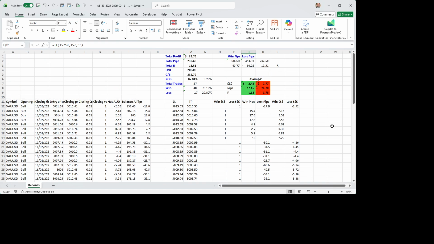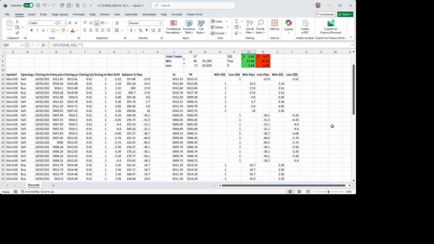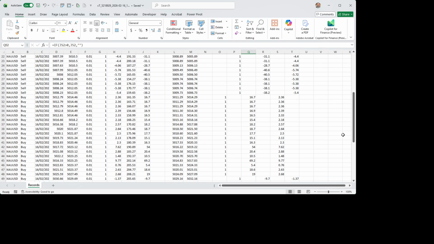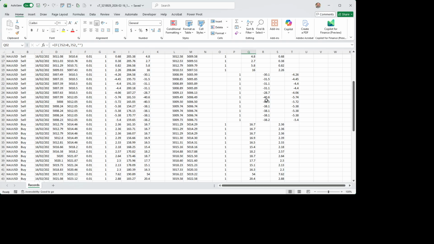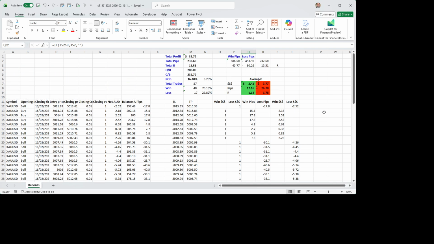So the highest trade was a win. It was 69, as you saw there, versus the highest loss was only 40. So again, I'm okay with that in the scheme of things. You've got to really go cautiously. 232 pips.